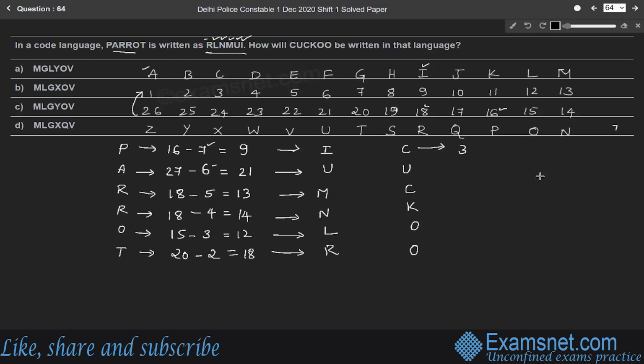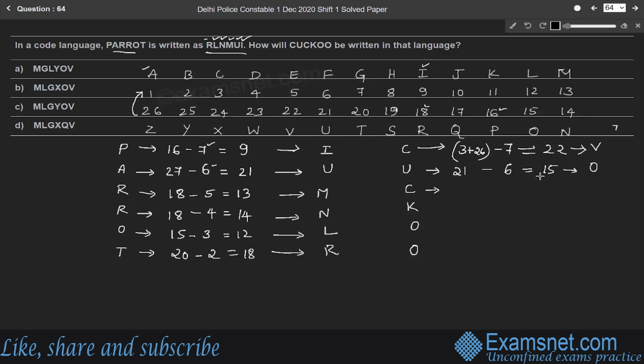Therefore, 3 plus 26 minus 7 is equal to 29 minus 7 is 22, which is the positional value of V. Next is U. Its positional value is 21 minus 1 number less than 7, which is 6, which is equal to 15, the positional value of O.